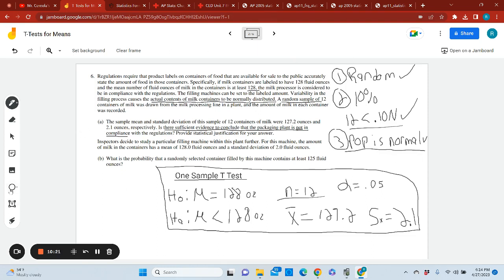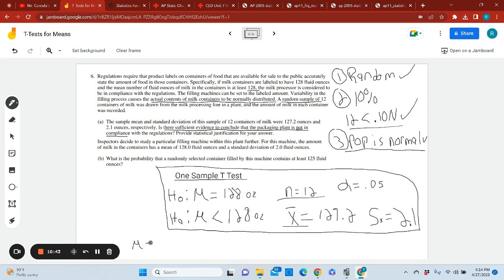The last thing I want to do here before we get to actually running the test, all right, is I want to define my parameter. So my parameter is going to be mu, right? Population mean. This is the symbol for population mean. This is the symbol for sample mean.